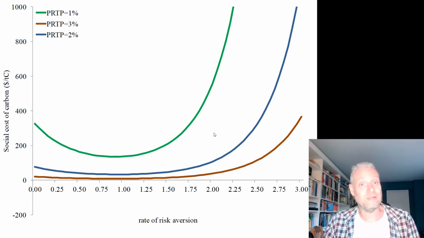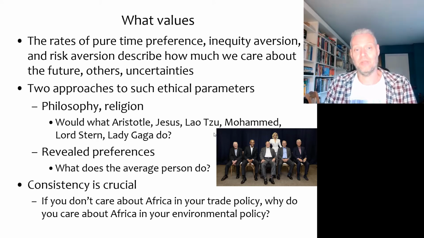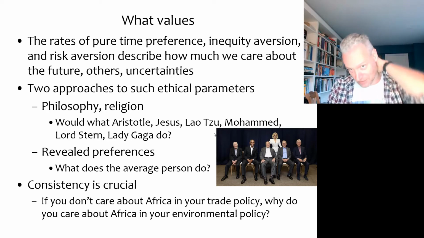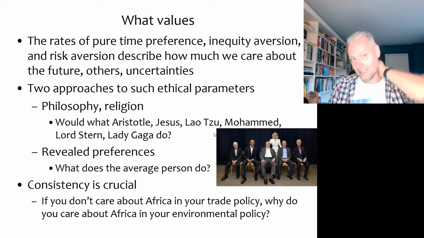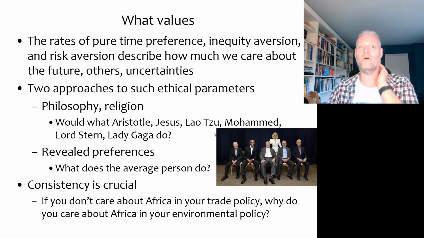So the question then becomes, what should these values be? The rate of pure time preference, the rate of inequity aversion, the rate of risk aversion describe how much we care about the future, how much we care about others, how much we care about uncertainties. And depending on the number that we pick, we get very different recommendations for climate policy.